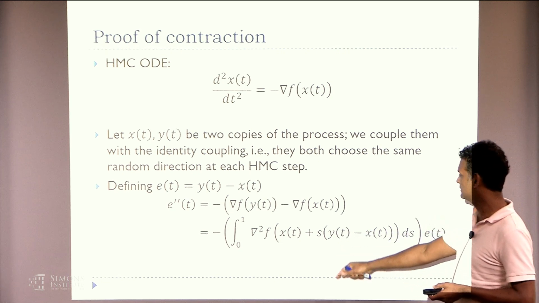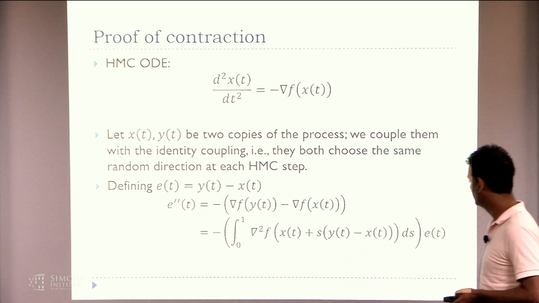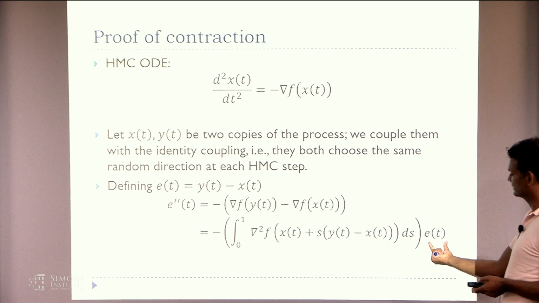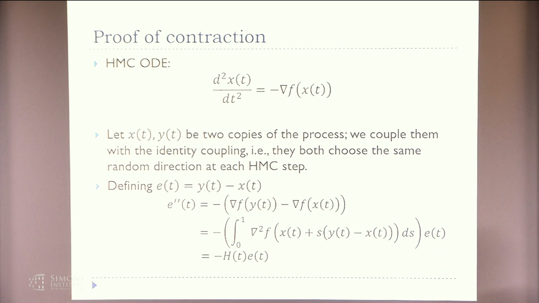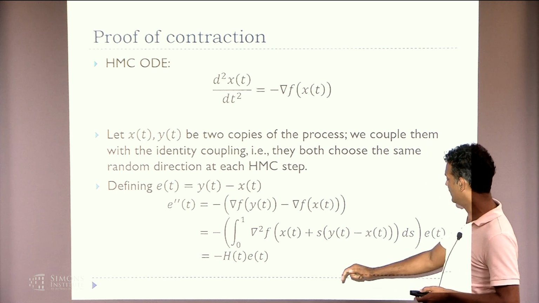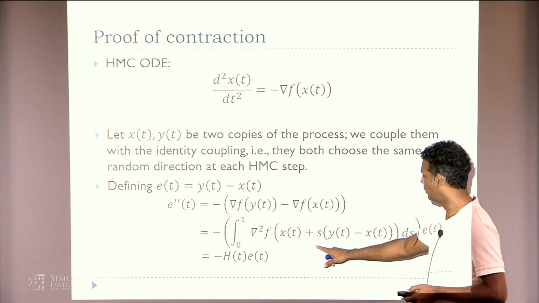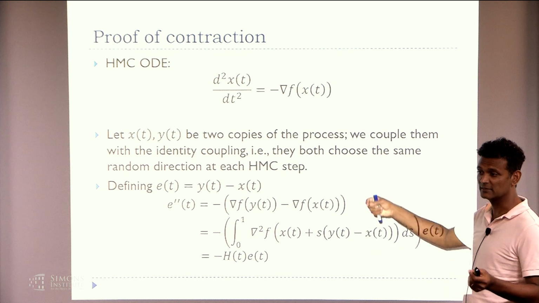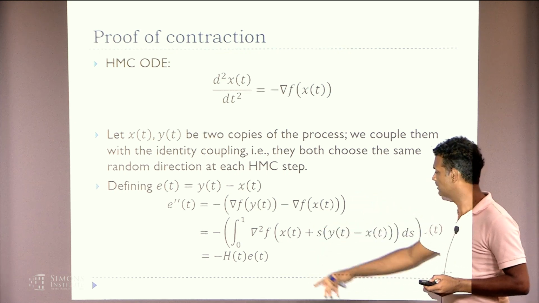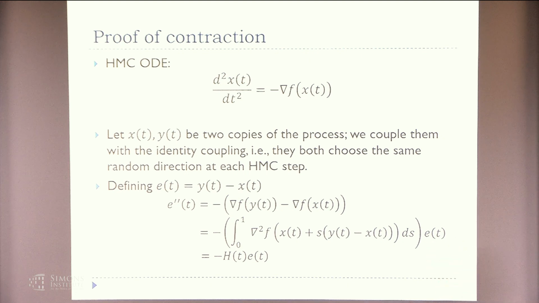So just rewriting this in terms of the Hessian, and I've parameterized to make this 0, 1. That's why I have this e^t coming out here. Let me call this quantity here, which is like an average of the Hessian on the line from x_t to y_t. That's all it is. On the line from x_t to y_t, we're averaging the Hessian in this direction.